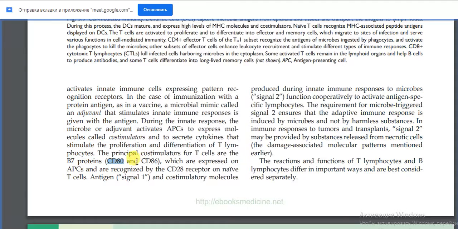No need to remember them by heart. They are expressed on APCs and recognized by the CD28 receptor of naive T cells. You remember we discussed the CD28 receptor in the first lecture of immune response. Antigen and costimulatory molecules produced during the innate immune response to microbes function cooperatively to activate antigen-specific lymphocytes.